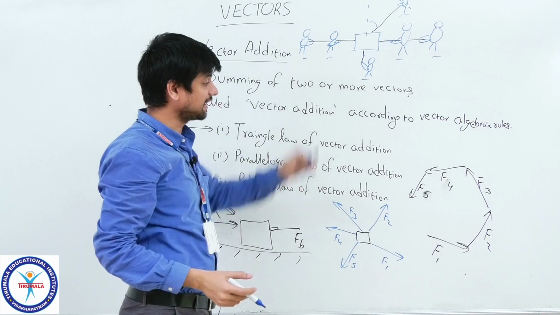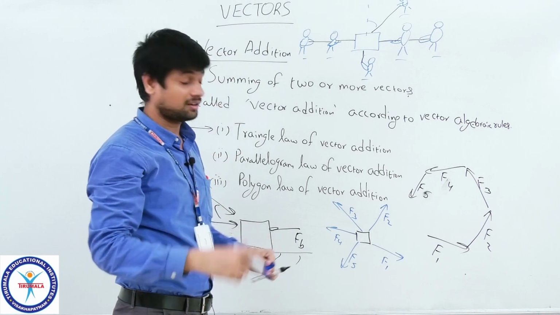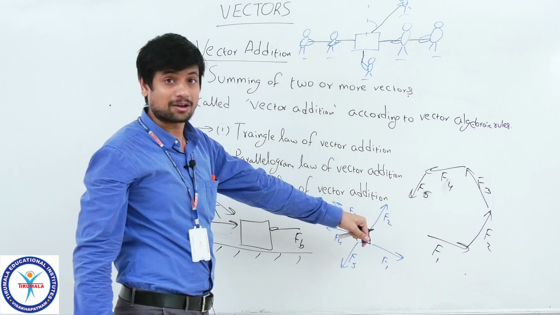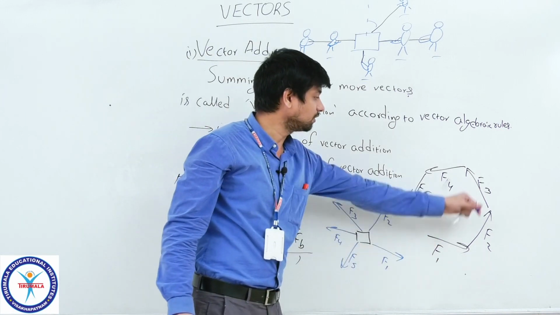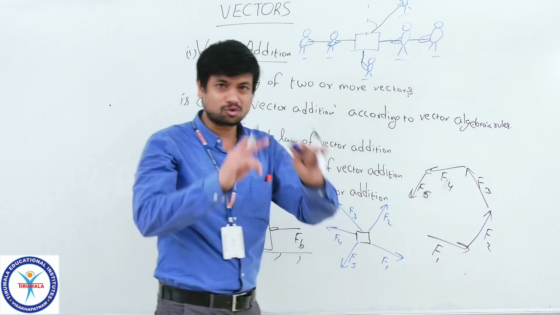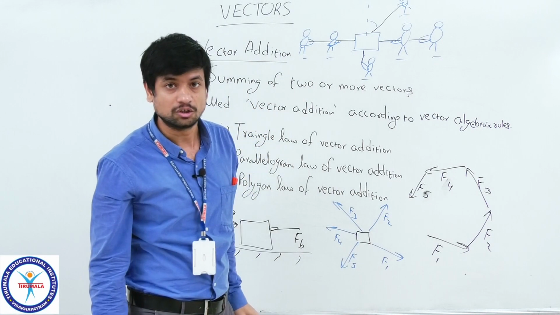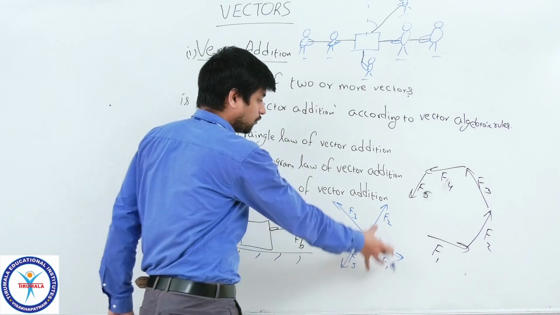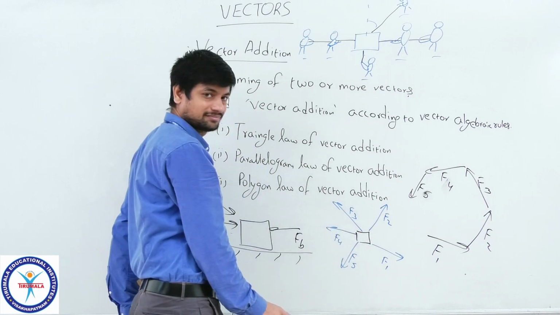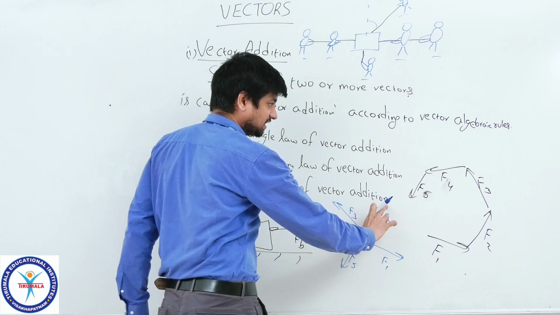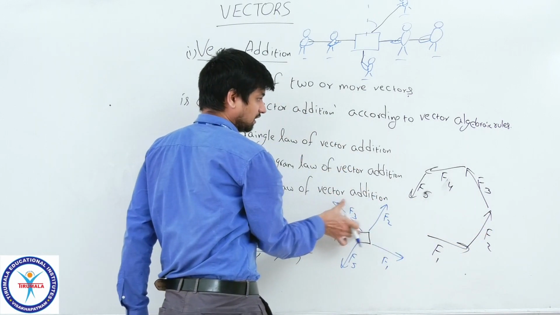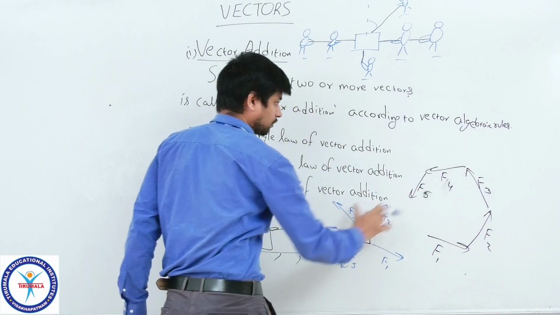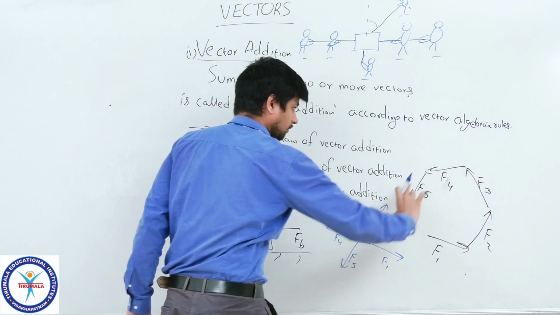If you draw it diagrammatically with vector representations, meaning arrows with tail and head, it follows one closed 2D shape. Look at this, a total of 5 forces are acting on this object. I just placed these as they are: F1, F2, F3, F4, F5.